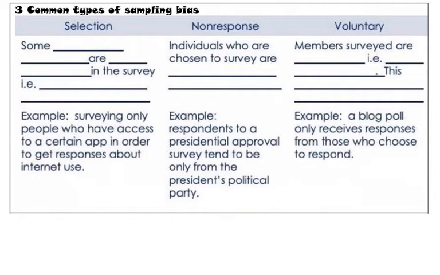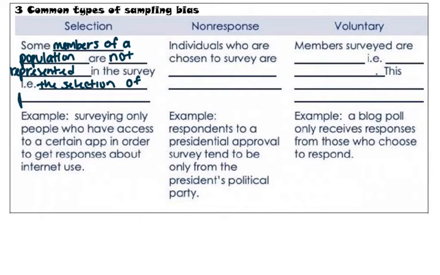Okay, so for selection, this means some members of a population are not represented in the survey. So an example, the selection of participants was poor.